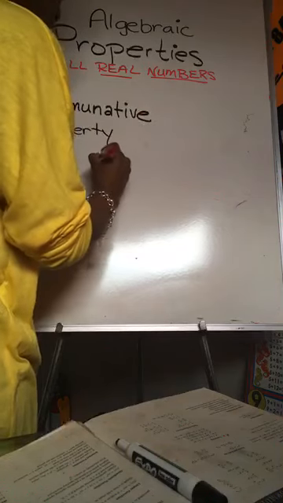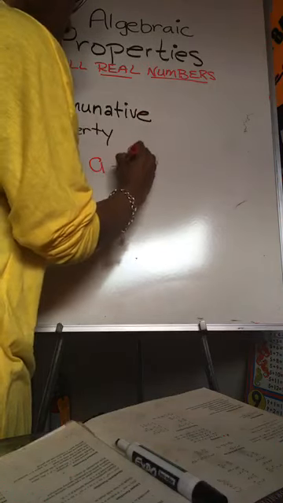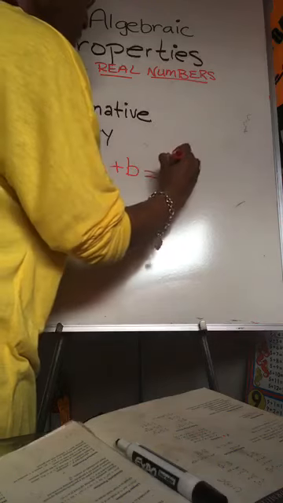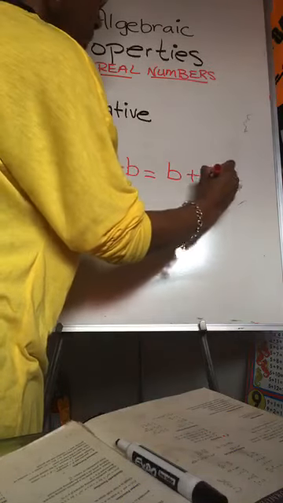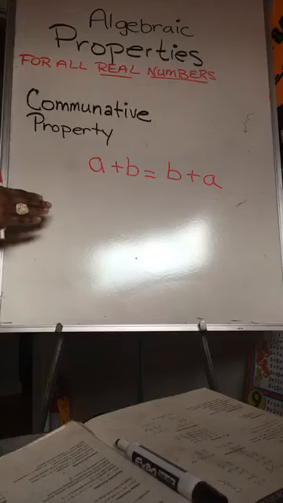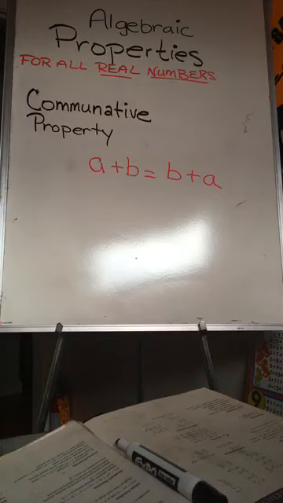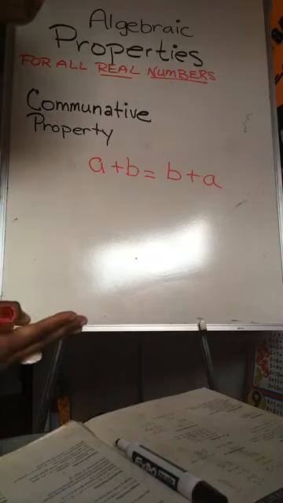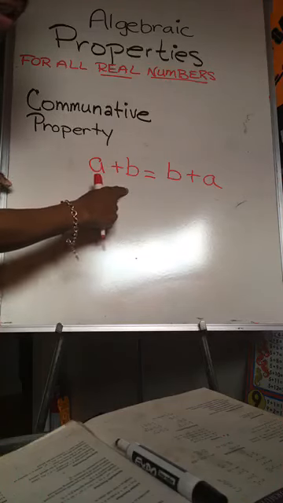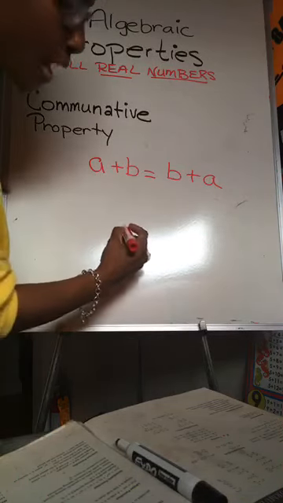Commutative property. All right? And what is the commutative property? It's when you say A plus B equals the reverse of it, B plus A. Now, I know I'm representing these with variables, but I'm going to give you an example so you'll see what it really means. You can have it for addition, and you can have it for multiplication.